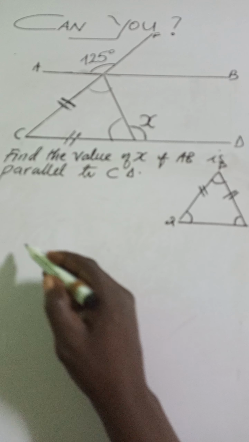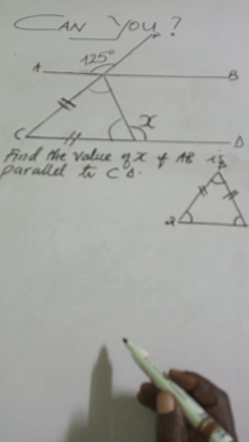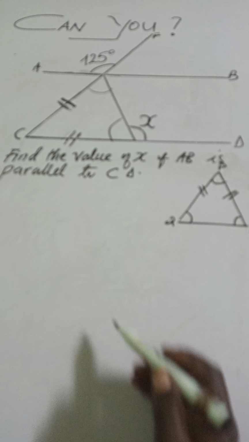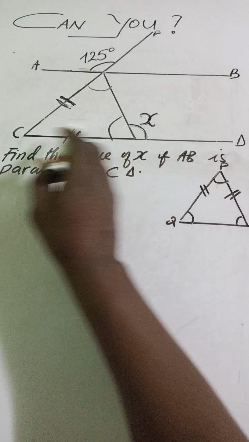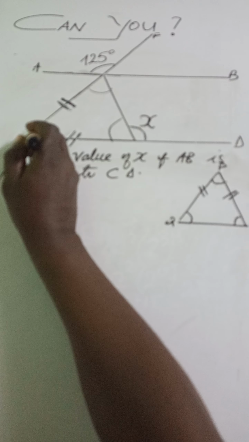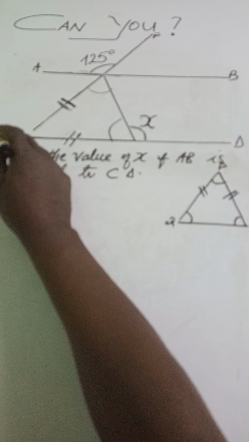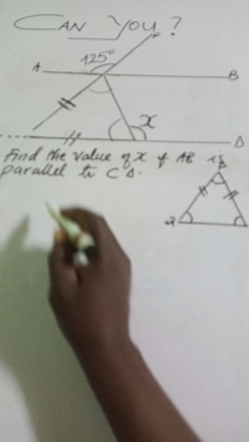Now let's go ahead. With a transversal, we know that corresponding angles are equal. If we just make a small extension of the line CD, let's take off C and make that small extension there so as to see.